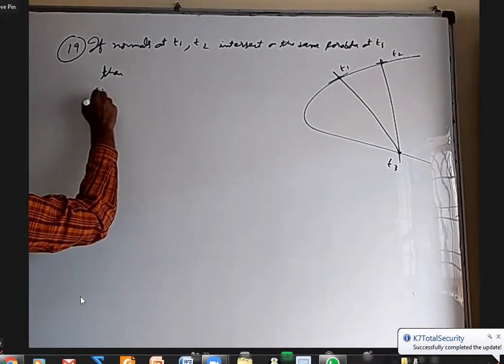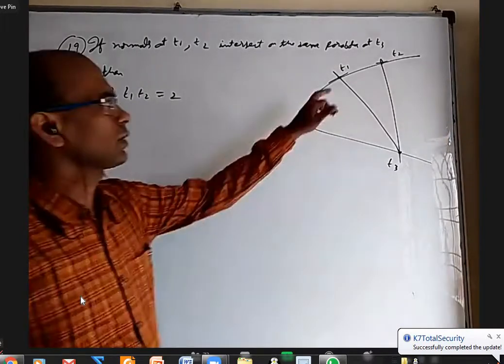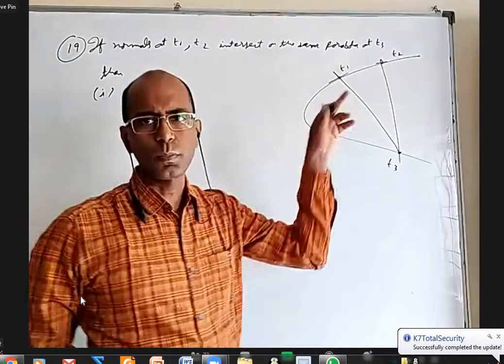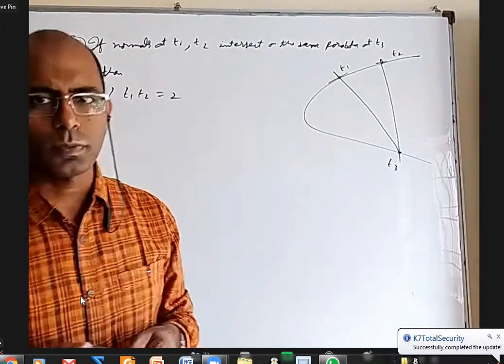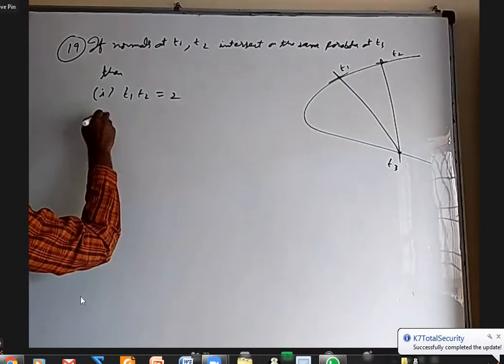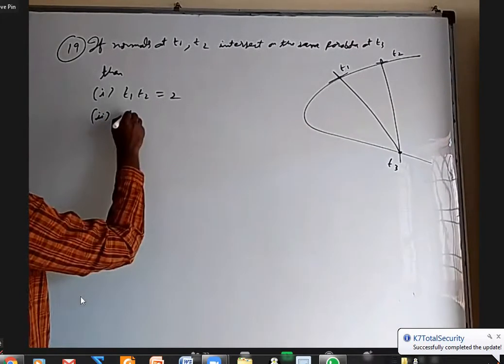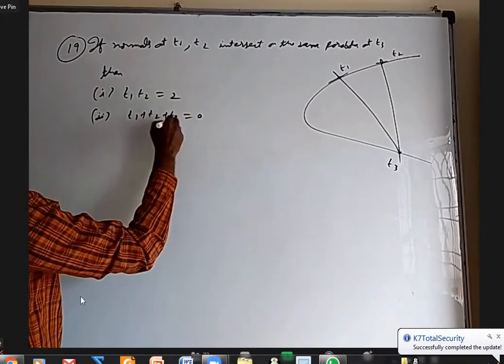Then first point: t1 t2 equal to 2. As long as the product of this t1 value and this t2 value is 2, then definitely the normals here will intersect on the same parabola. Okay. Of course, we can also say t1 plus t2 plus t3 is 0 also.